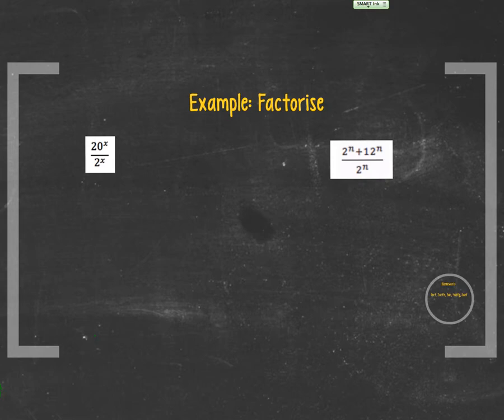So for this first one, I've got 20 to the x power over 2 to the x power. We should notice that they both have an x. So we're actually going to recombine it. I'm going to have 20 over 2 to the x power. So kind of working that backwards. Remember how I said that at the beginning? Working that law backwards.